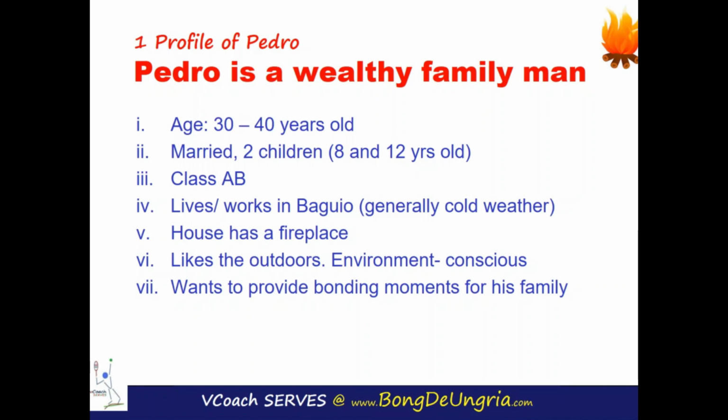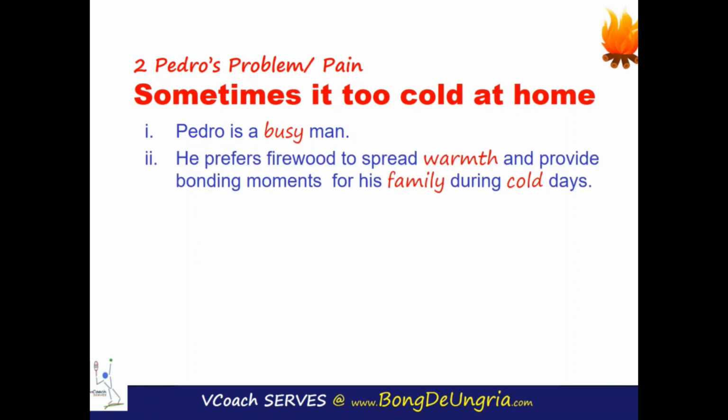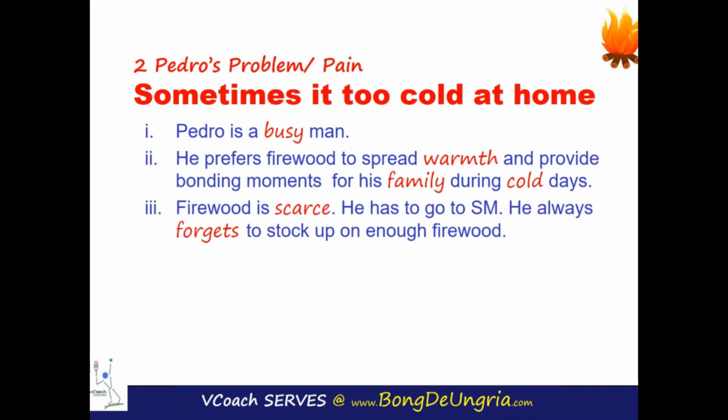Now, the second step is to describe Pedro's problem or pain. In this case, sometimes it gets too cold at home. What contributes to the problem is Pedro is a busy man. He prefers firewood to spread warmth and provide bonding moments for his family during cold days in Baguio. But firewood is scarce. He still has to go to the department store and he frequently forgets to stock up on enough firewood.